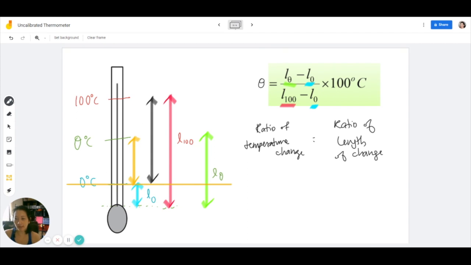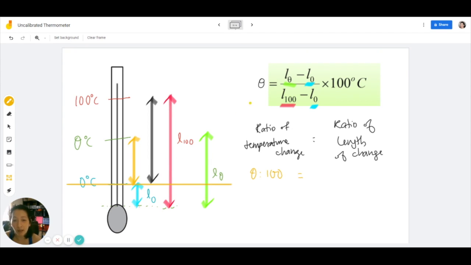So you see, right? This is between theta and 0, and this is between 100 and 0. So we are comparing theta to 100, and this ratio would be equal to the length between theta and 0.